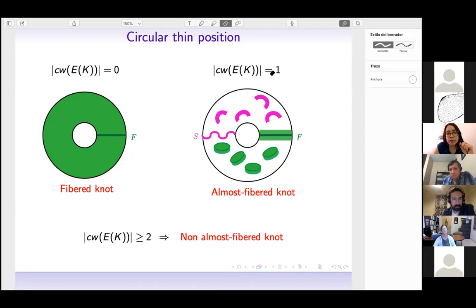And when we have just one thick level and also one thin level, we say that the knot is almost fiber. And when the size of the circular width is greater than or equal to 2, we say that our knot is non-almost fiber.